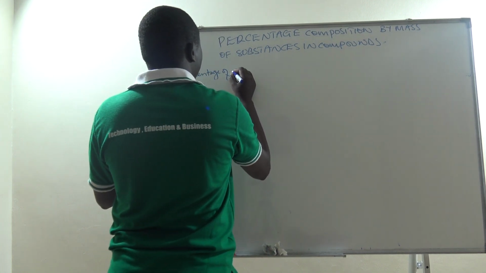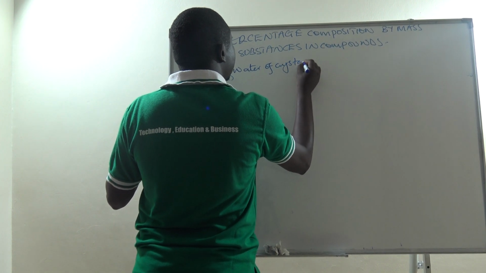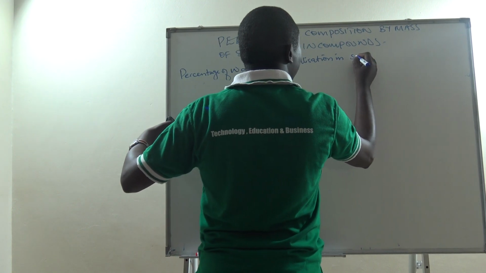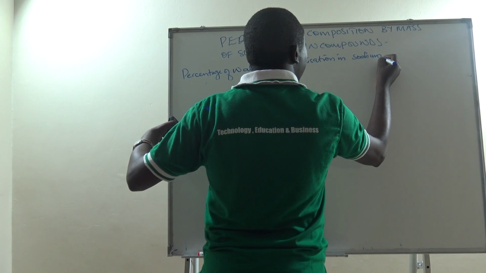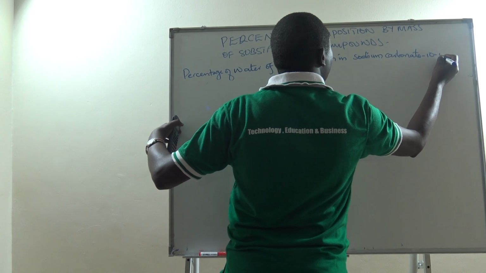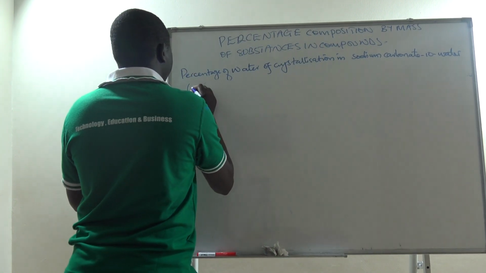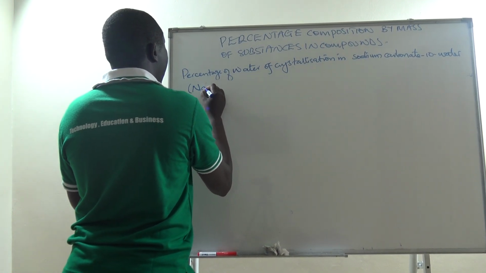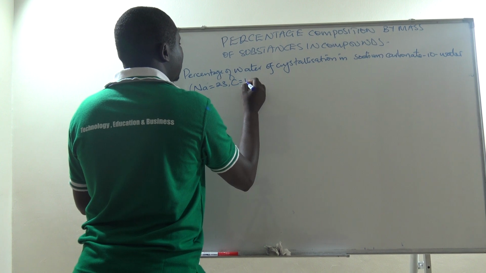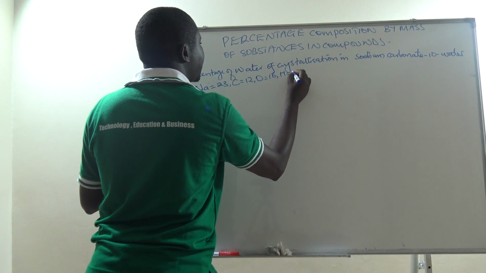Let us look at the percentage of water of crystallization in sodium carbonate 10 water, a decahydrate with 10 moles of water of crystallization, given that sodium has got a relative atomic mass of 23, carbon with a relative atomic mass of 12, oxygen with 16, and hydrogen with a relative atomic mass of 1.